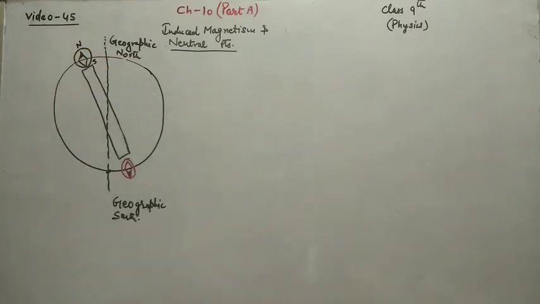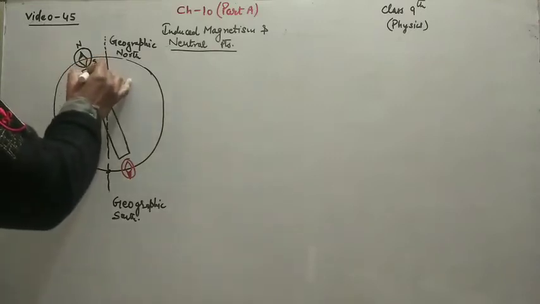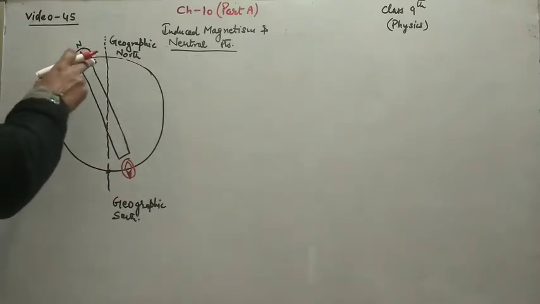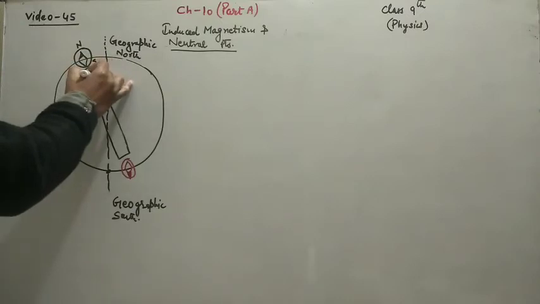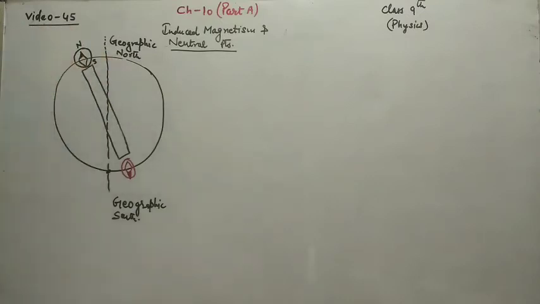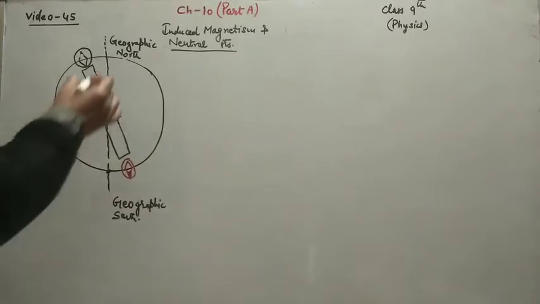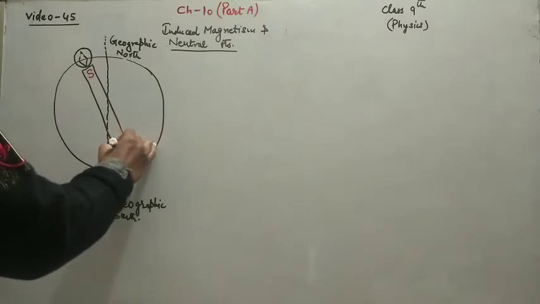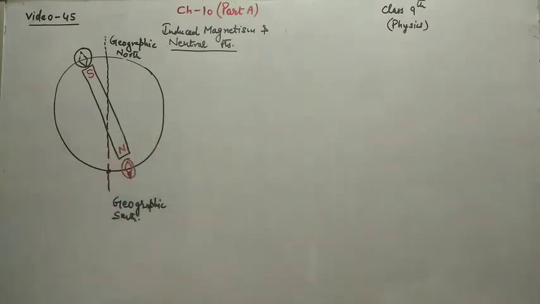But if I ask you what will be the polarity of this huge bar magnet, the polarity of this magnet will be south over here, and this will be north.